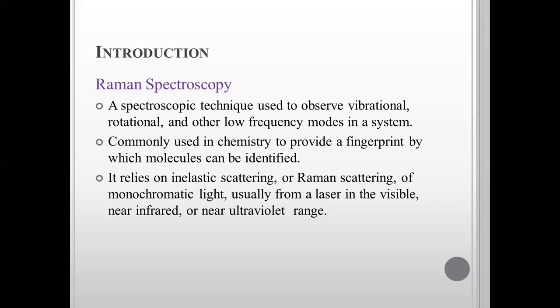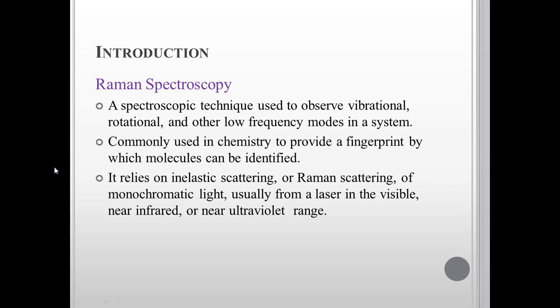This spectroscopy is quite different from other branches of spectroscopy in phenomena. The other branches of spectroscopy like IR, UV visible, in all of them we study the absorption of the radiation. The radiation is absorbed by the molecule and it undergoes a transition from the lower limit to the higher limit. But in Raman spectroscopy, we study the scattering of radiation.